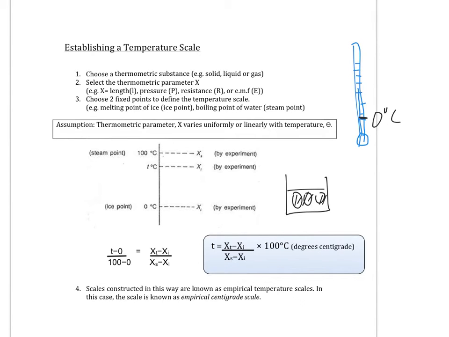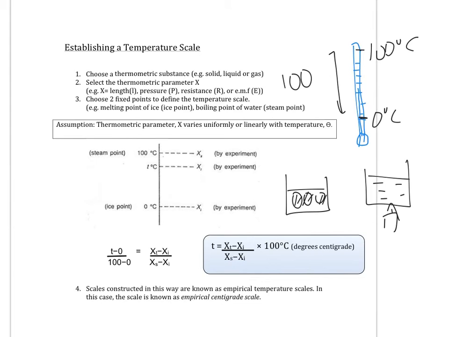Then they will place it in a beaker of boiling water and observe how long the length of the mercury inside the thermometer is. Once they know how long it is, they will mark it as 100 degrees Celsius. After that, they will divide these 2 points with 200 equal intervals.